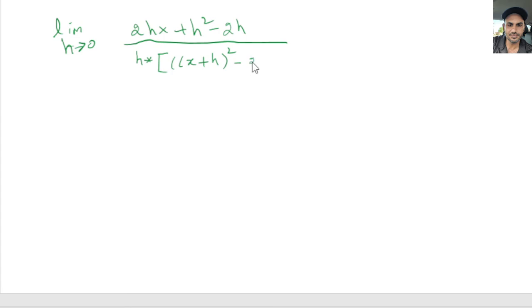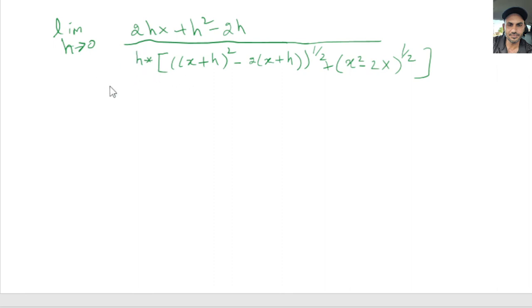Minus 2 times x plus h, and that was our a term, and this whole thing was raised to 1/2, plus we had our b term, which is just x squared minus 2x raised to 1/2 right here. Okay.